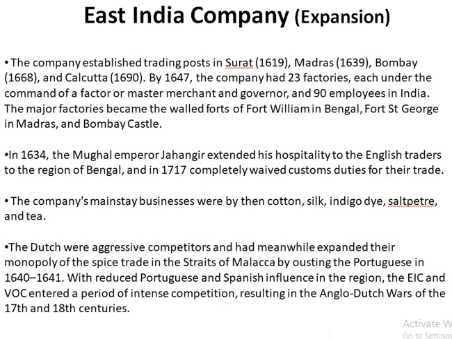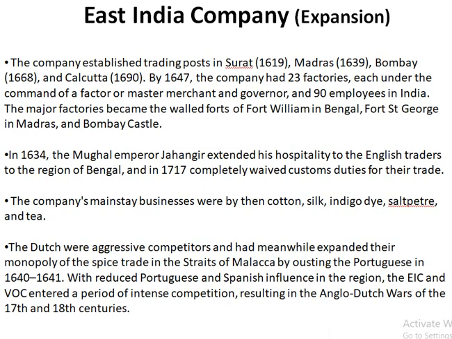The Dutch were aggressive competitors, and had meanwhile expanded their monopoly of the spice trade in the states of Malacca by ousting the Portuguese. So the Portuguese had been driven out by the Dutch already, and the Dutch were having a monopoly now. With reduced Portuguese and Spanish influence in the region, the EIC and VOC entered a period of intense competition, resulting in the Anglo-Dutch wars of the 17th and 18th century.